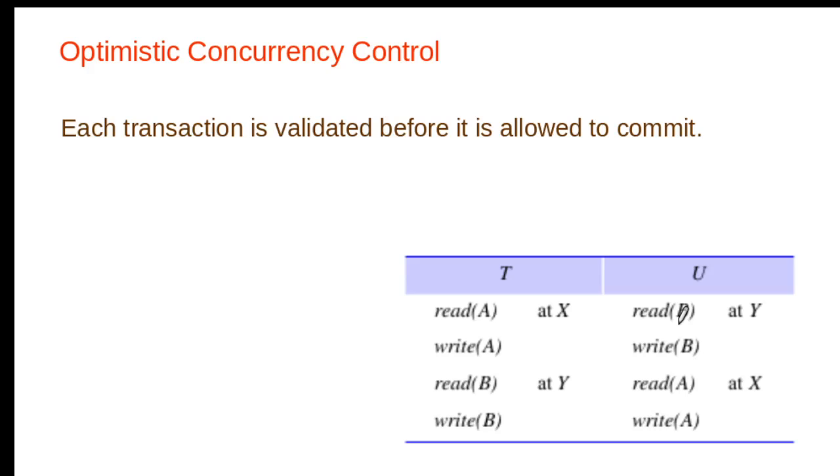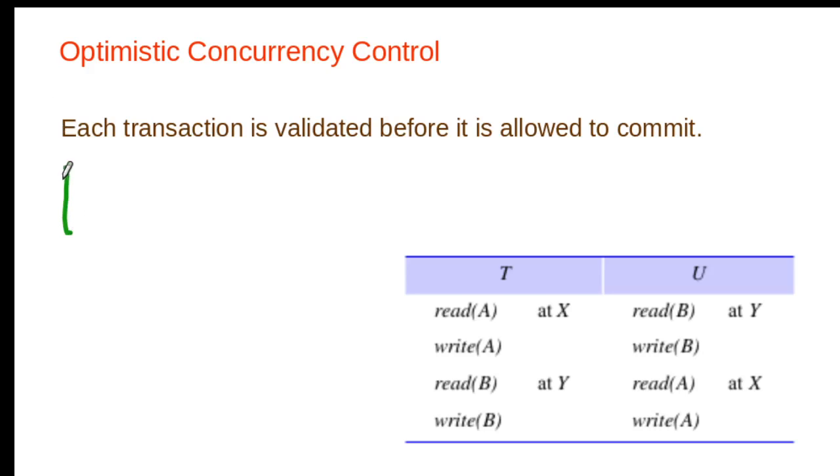Now you will see something about optimistic concurrency control. We now have timestamps, right? So we can order them. Each transaction is validated before it is allowed to commit. Basically, in optimistic concurrency control you will have three phases.